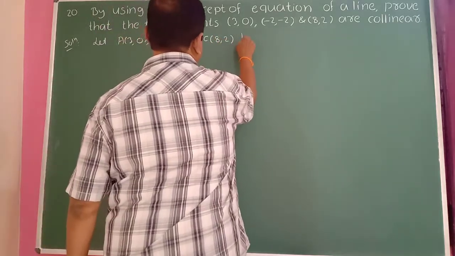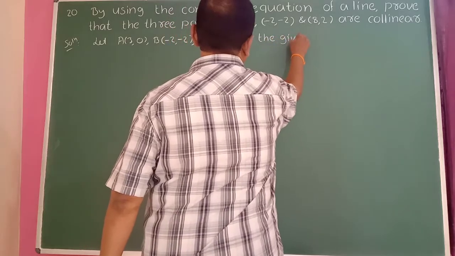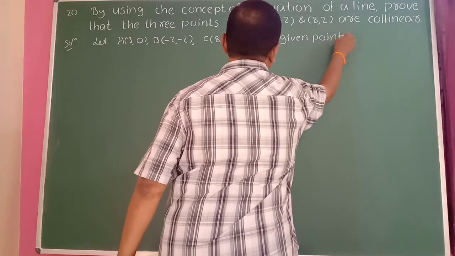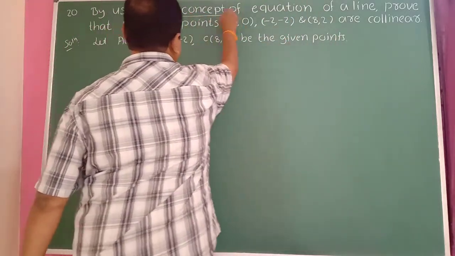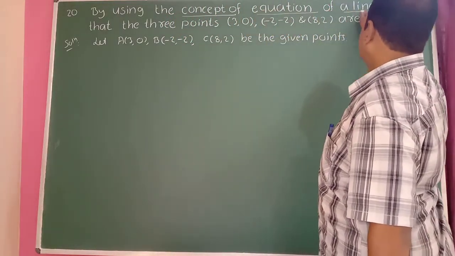These are the given points. Using the concept of the equation of the line, prove that the points are collinear.